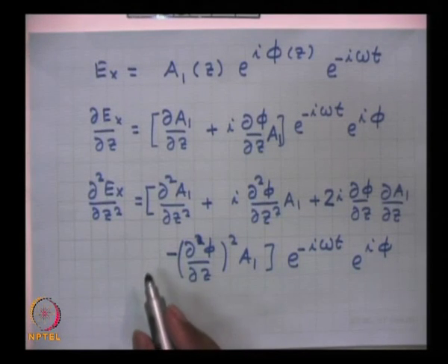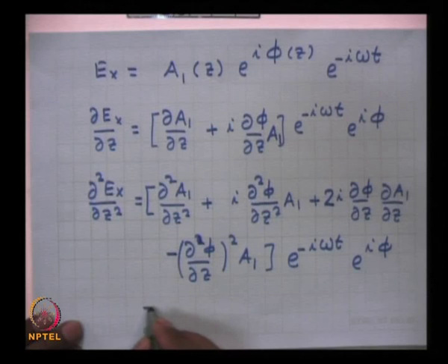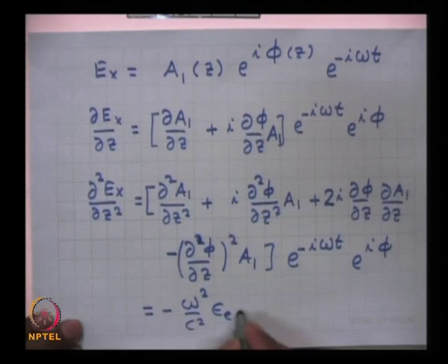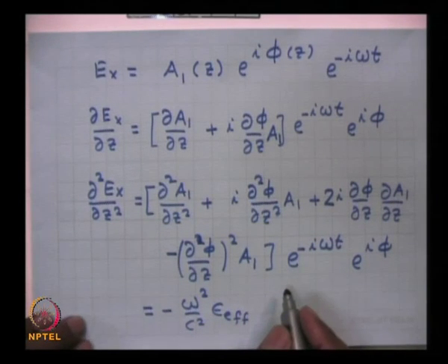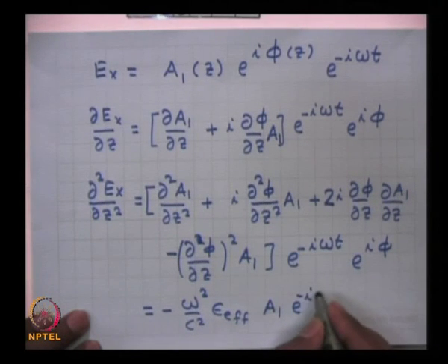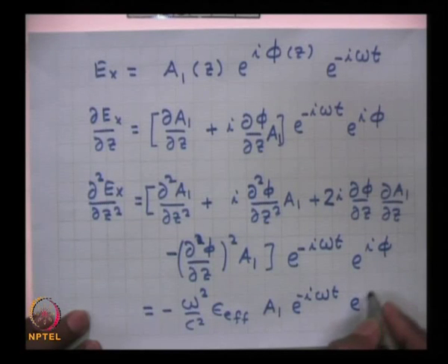This has to be put equal to, in the wave equation, minus omega square by c square epsilon effective into Ex, which is equal to A1 exponential of minus I omega t exponential of I phi.